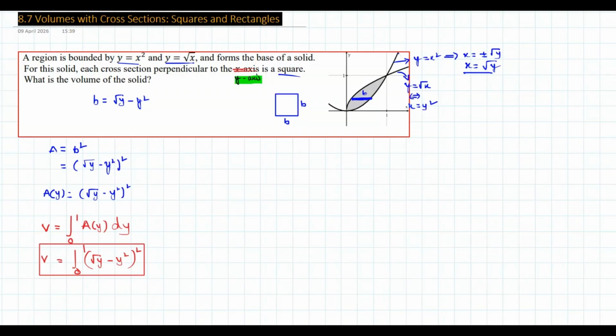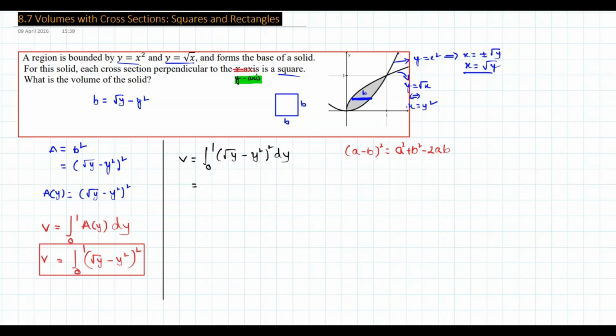So let's evaluate this definite integral, the volume integral. We have V equals the integral from 0 to 1 of (square root y minus y squared) whole squared dy. You can use the formula (a minus b) whole squared equals a squared plus b squared minus 2ab.